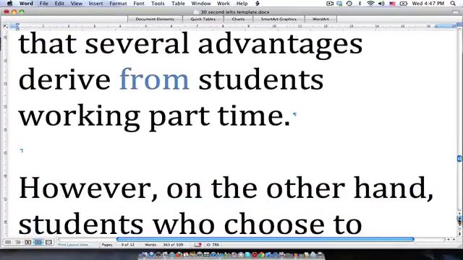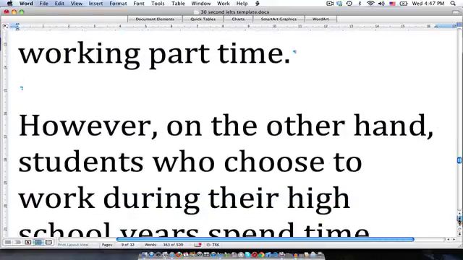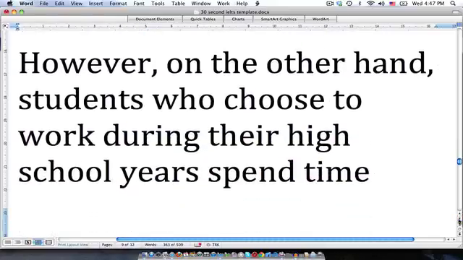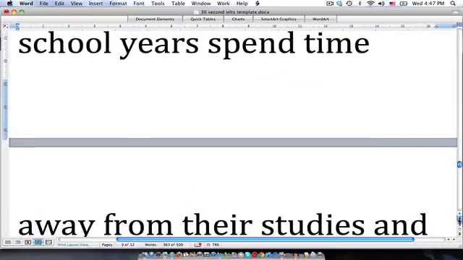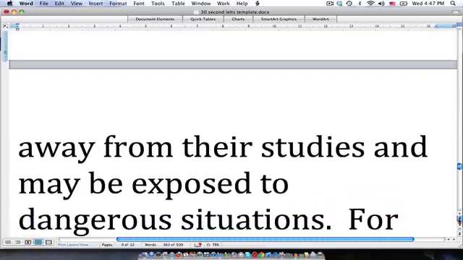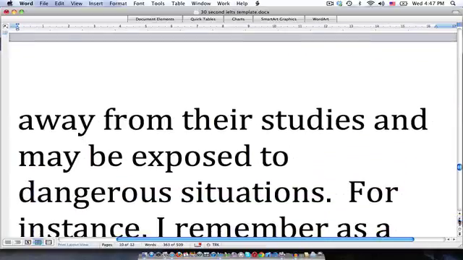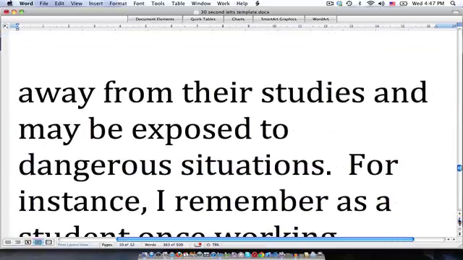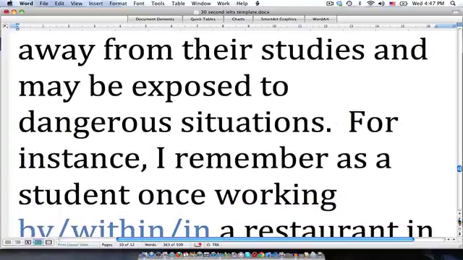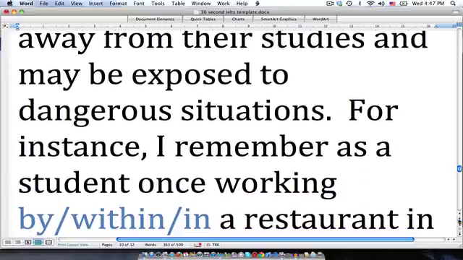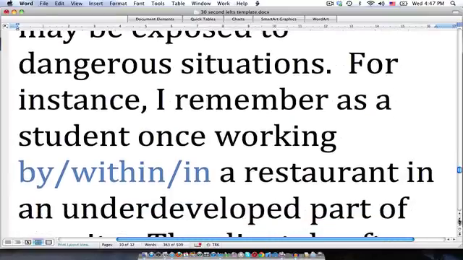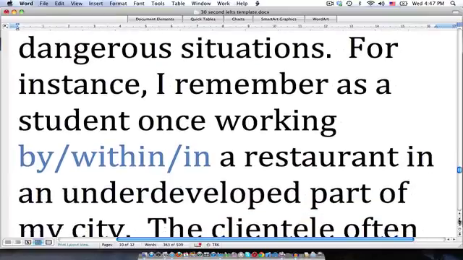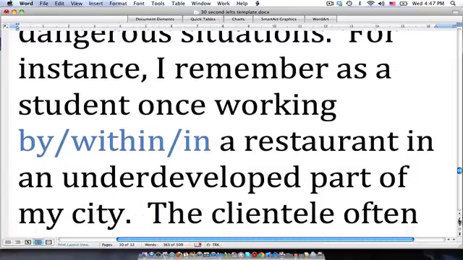All right, here we go. However, on the other hand, students who choose to work during their high school years spend time away from their studies and may be exposed to dangerous situations. For instance, I remember as a student once working in a restaurant in an underdeveloped part of my city.